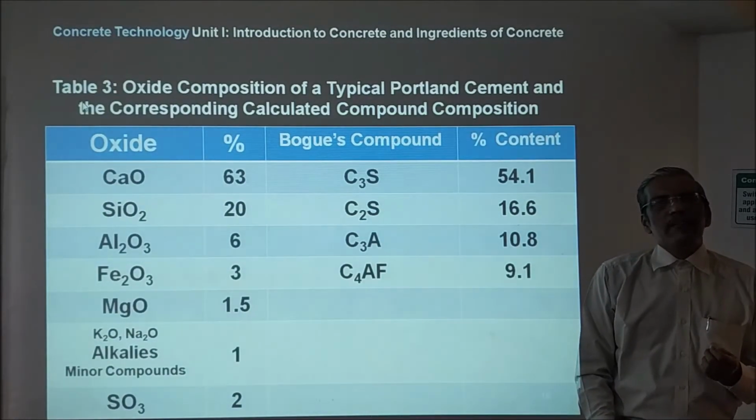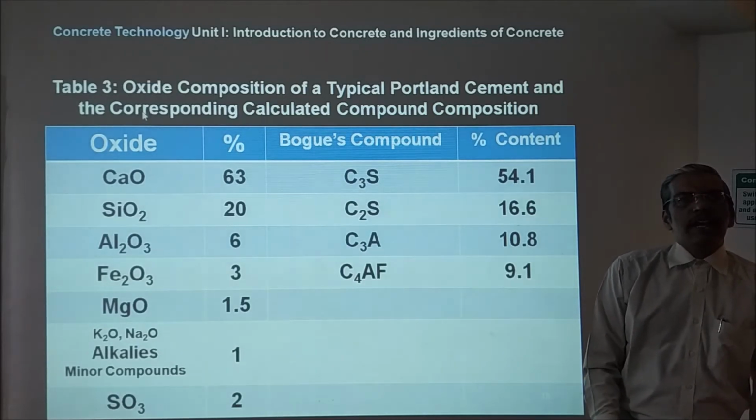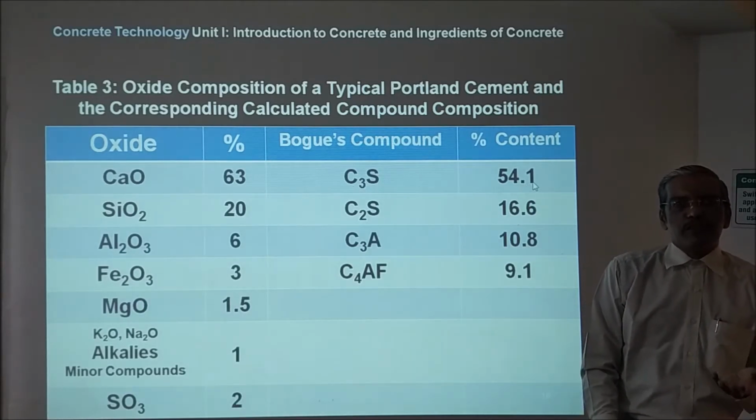Here table number 3 shows the oxide composition of a typical Portland cement and the corresponding calculated compound composition. Here the oxides and the Bogue compounds are given. The oxide CaO is normally 63%. The Bogue compound tricalcium silicate C3S is 54.1%.